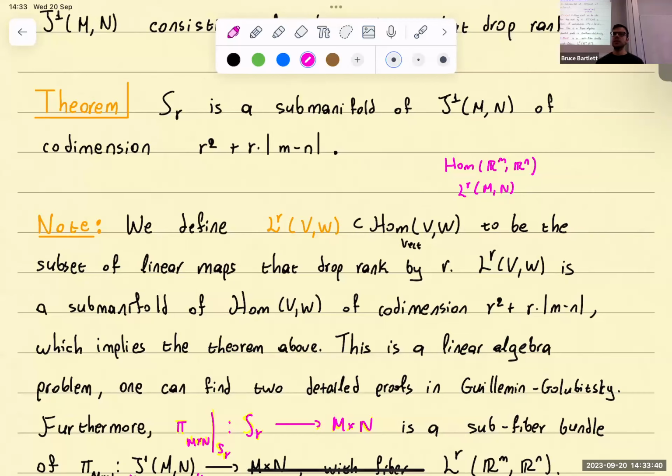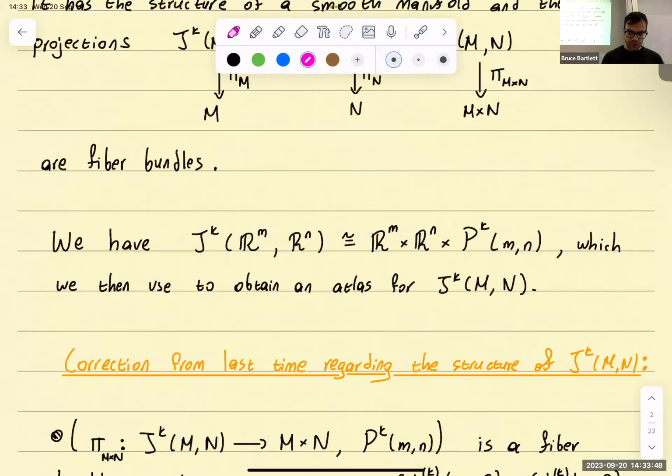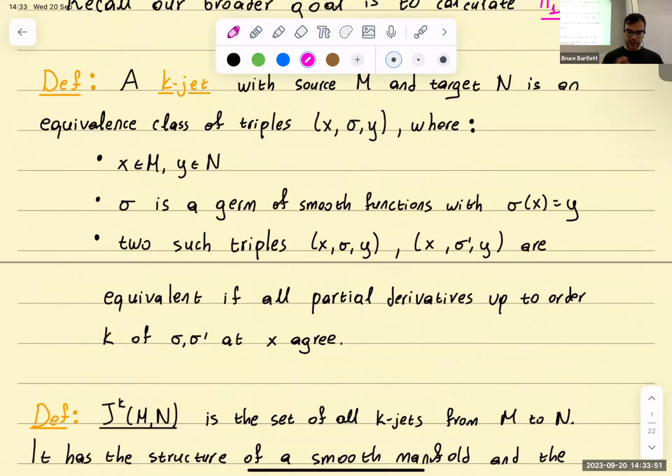You can roughly think of it like that. The actual definition would be an equivalence class of triples x, y, and a germ. It's just a function that sends x to y, but where you take any two functions to be equivalent if their partial derivatives up to order k agree at x.